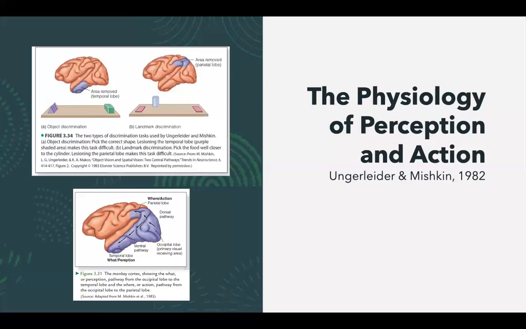So Ungerleider and Mishkin therefore called the pathway leading from the striate cortex to the parietal lobe the where pathway, or the action pathway. The what and where pathways are also called the ventral pathway and the dorsal pathway.